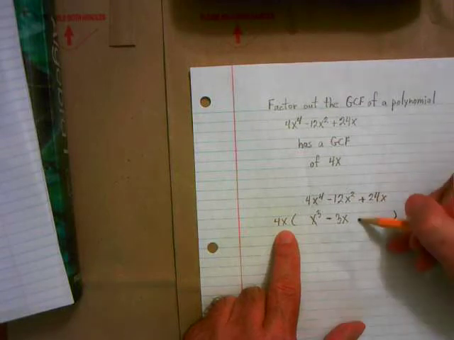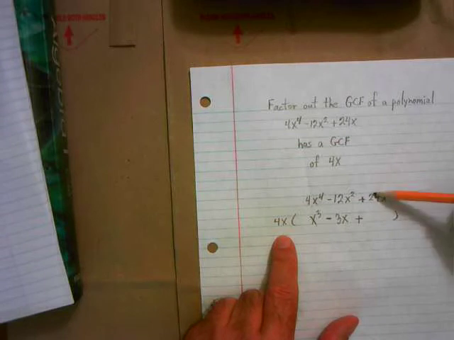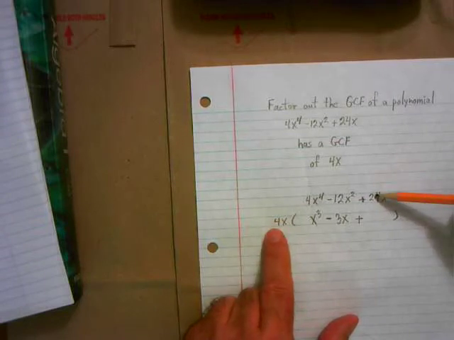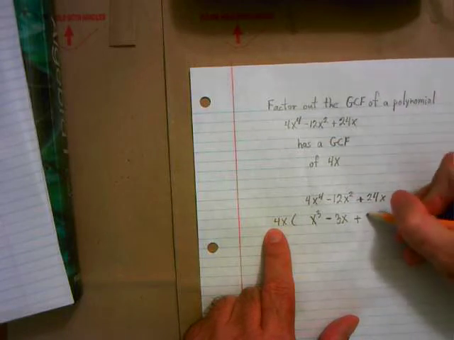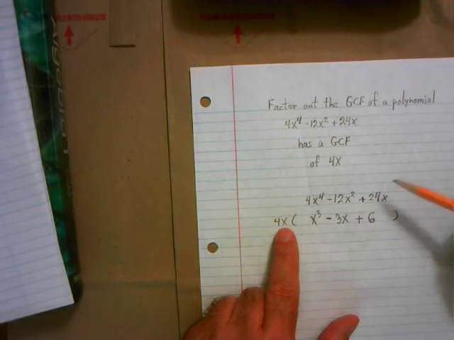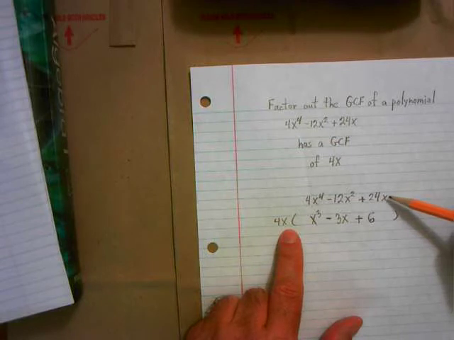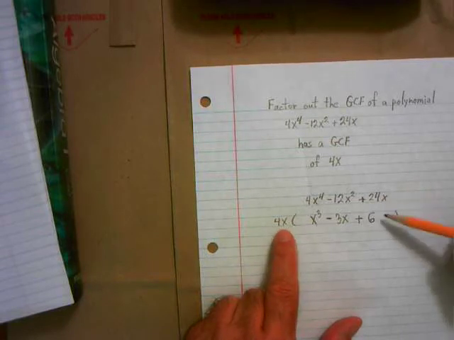All right, last piece. We have, again, 24, and we're going to divide out 4. So 24, if we divide out 4, we get 6. 24 divided by 4 is 6. And if we look at the variables, we have x to the 1 divided by x to the 1. And of course, anything divided by itself is just a 1.